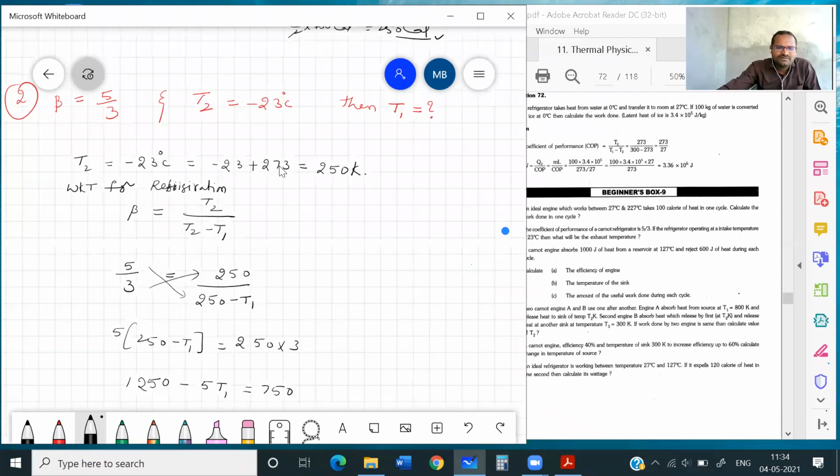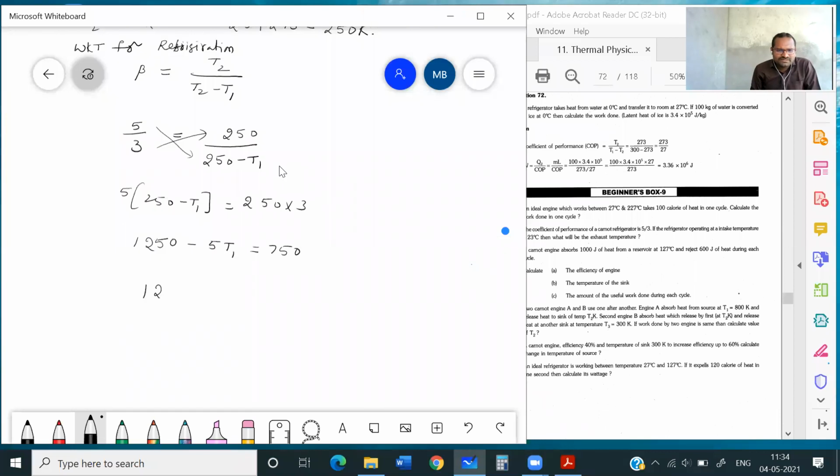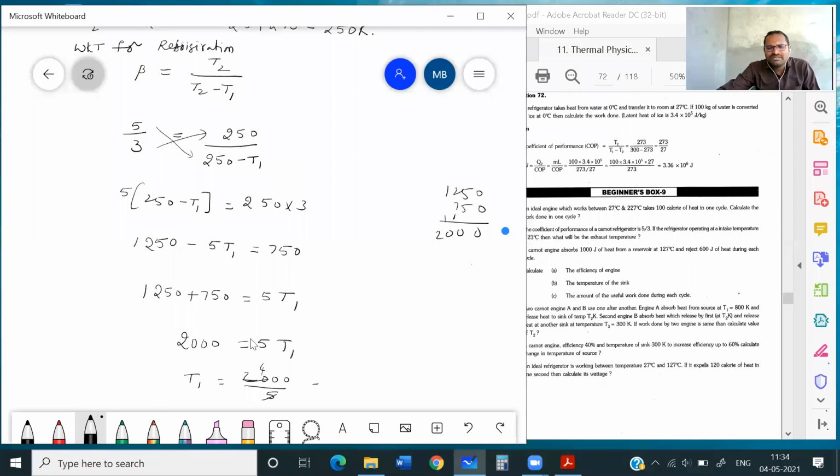Now 1250 plus 750 is equal to 5T1. 1250 plus 750 is 2000. So 2000 is equal to 5T1. Then T1 is equal to 2000 upon 5, which is 400 Kelvin. But the answer should be in centigrade, so you need to convert it.